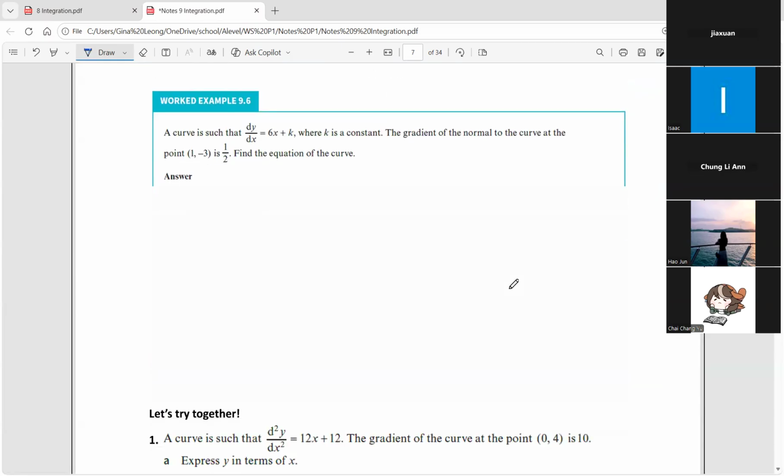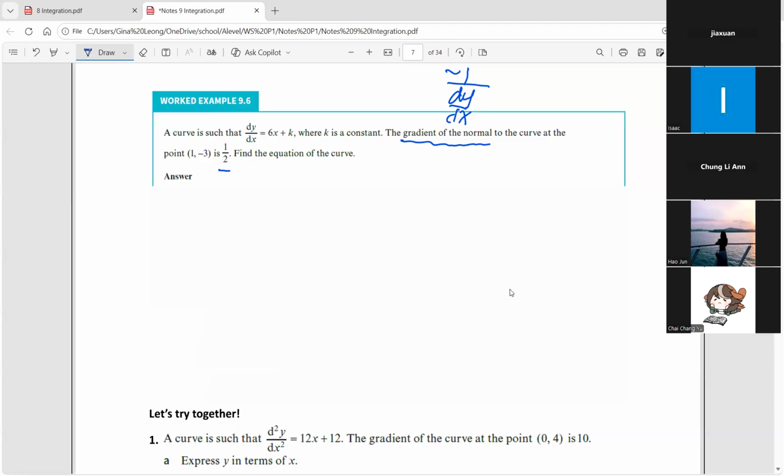Okay, I move. This one he said the gradient of the normal. Because it's the normal, that means it's -1 over dy/dx. That's my normal gradient. And he said this normal gradient is actually 1 over 2.